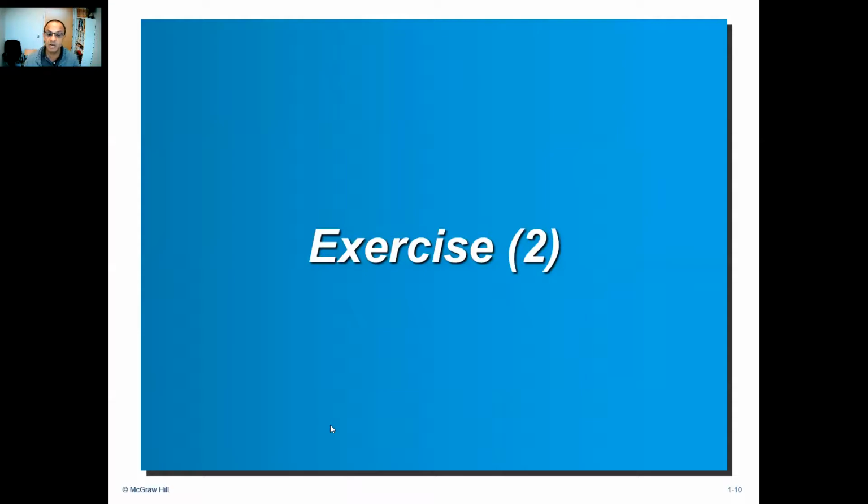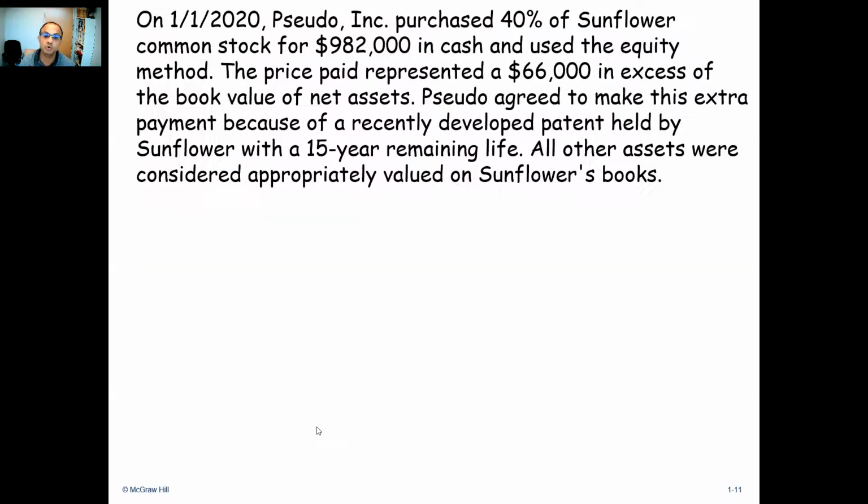Now let us go to another exercise, exercise 2, which is also talking about journal entries by a company called Sudo, which is the parent company that owns 40% of Sunflower, the subsidiary company, for $982,000. And Sudo used the equity method.